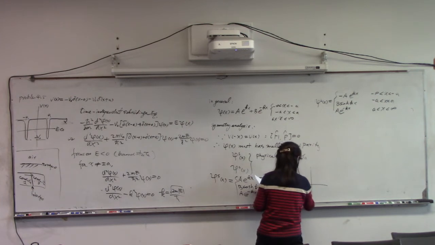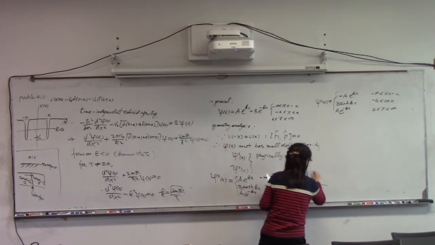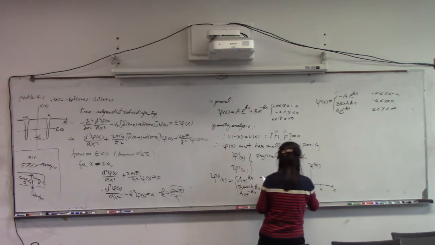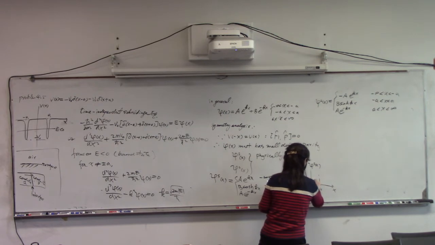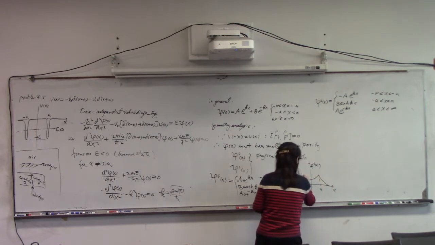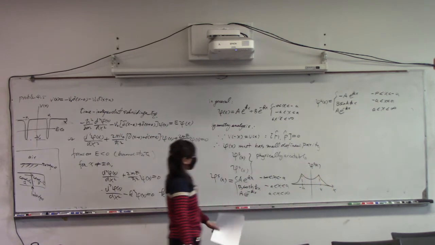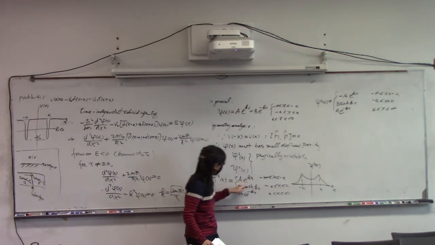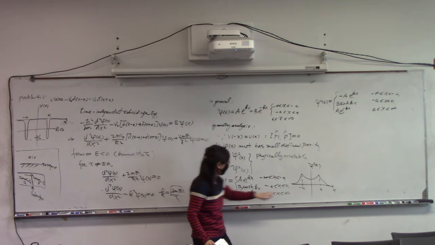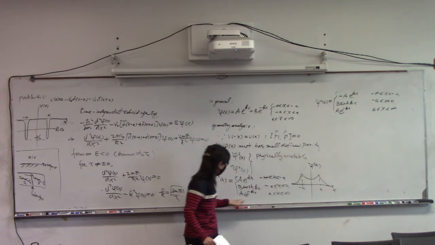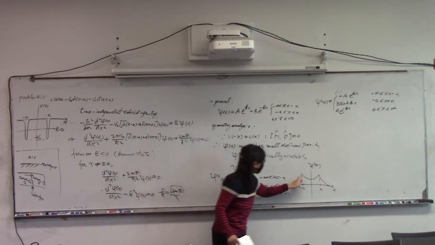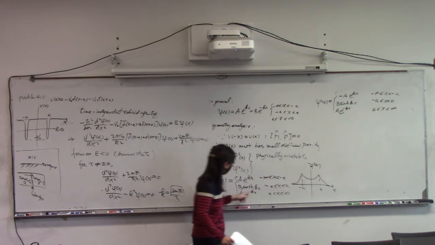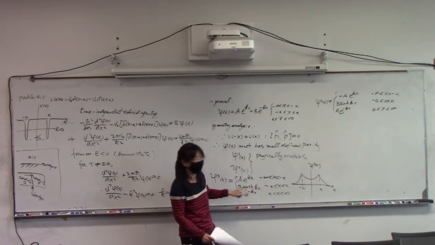Okay, and the behavior is like this. You can see this is minus a and a, for the symmetric function of x. The region at negative a is dominated by this exponential, and the region at positive a is dominated by this exponential. And between minus a and a, it follows the hyperbolic cosine.